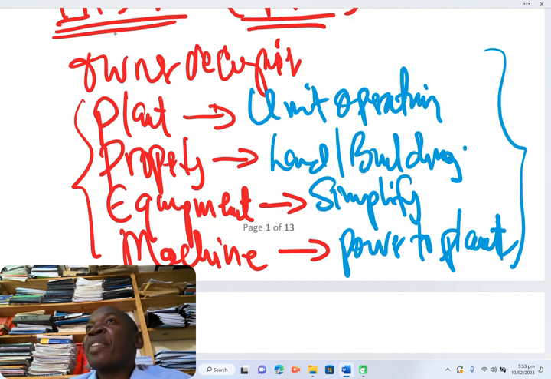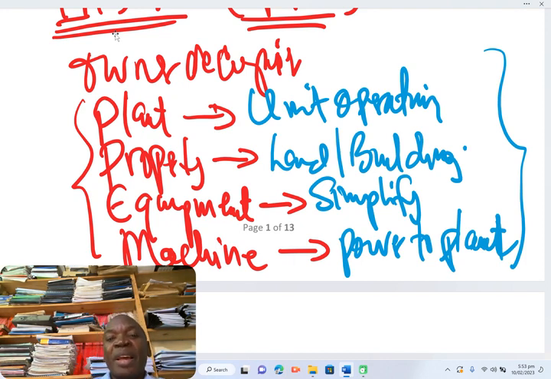A CT scan can be either an equipment or a machine. When I say equipment, it simplifies the testing activities. When I say a machine, it involves some moving parts so that it operates the equipment. These are modern instruments.